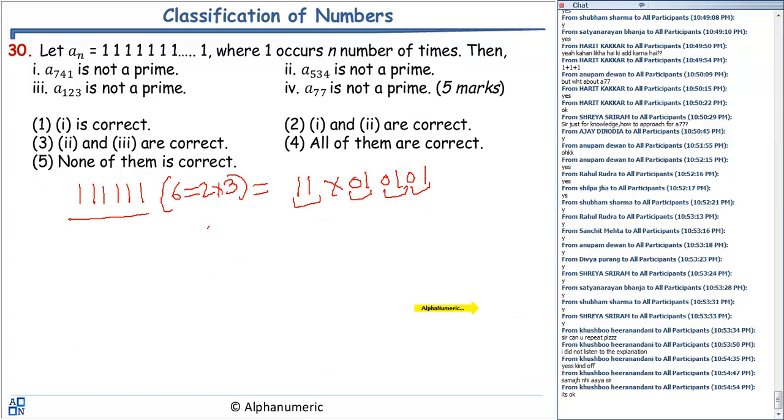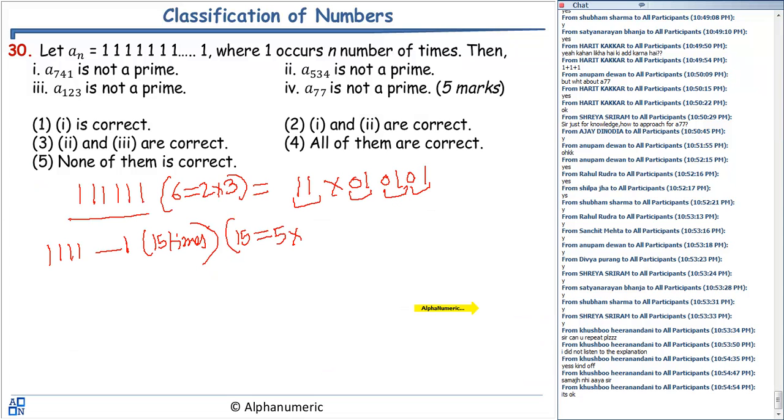Similarly, for example, if there are 15 ones, 15 times 1. In that case, 15 is what? Remember, 15 is equal to 5 into 3.